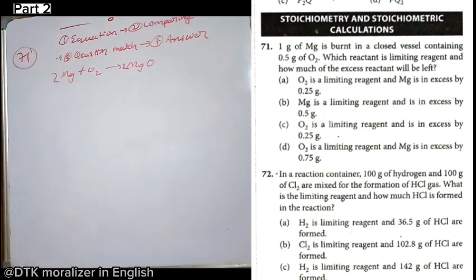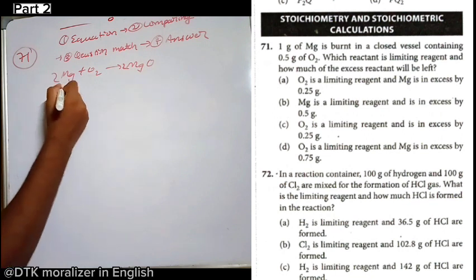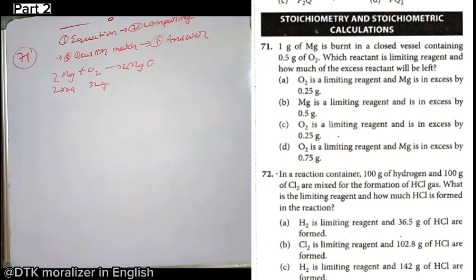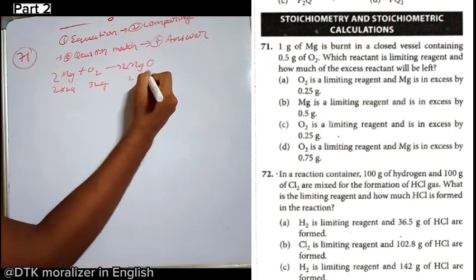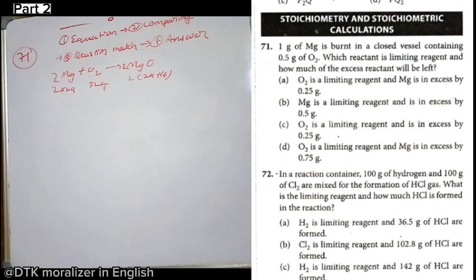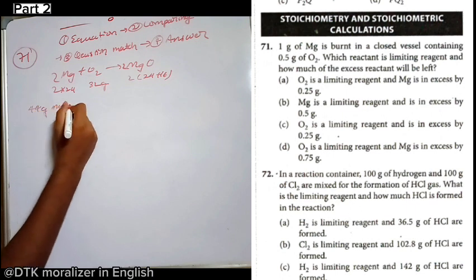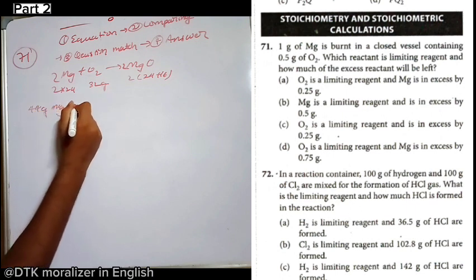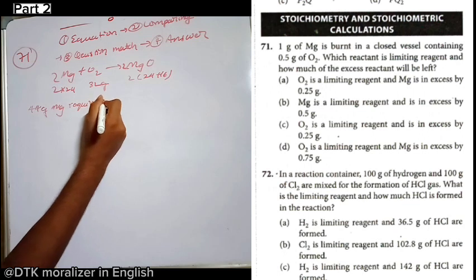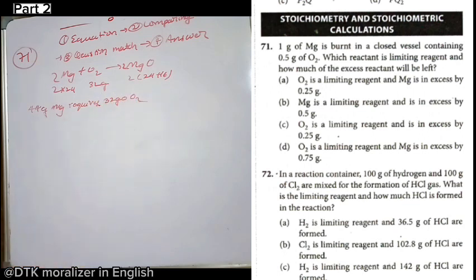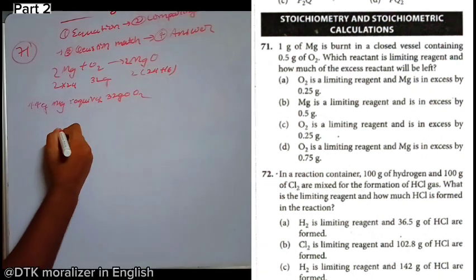Here Mg plus oxygen gives MgO. So here 2 into 24, 24 plus 16. 44 grams of Mg requires 32 grams of oxygen.